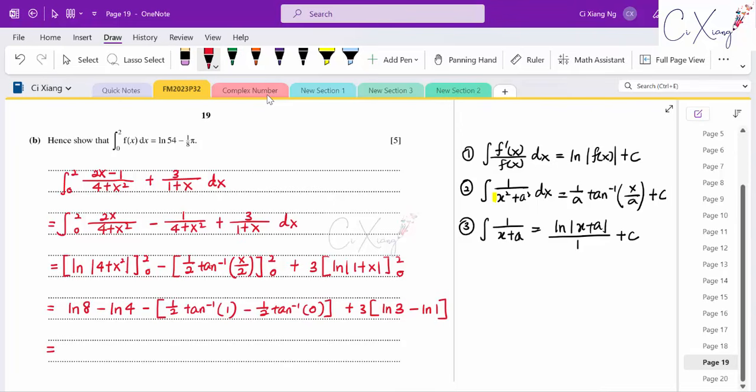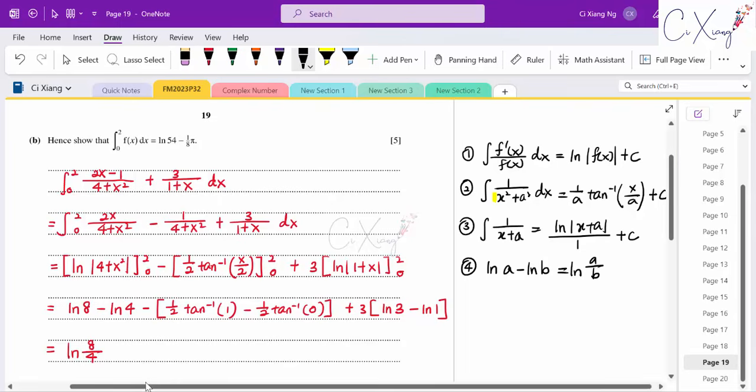ln 8 minus ln 4, I can combine them to become ln 8 over 4, using the property of the ln function where ln a minus ln b can be written as ln a over b, or the other way around. Tangent inverse 1, if you press the calculator in radian mode, will give you the value pi over 4.